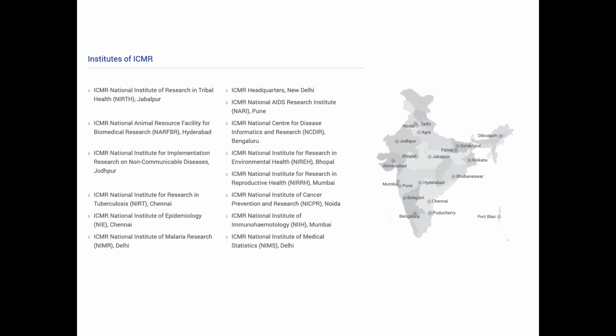For example, here is the list of different ICMR institutes, like National Institute of Research in Tribal Health, National Animal Resource Facility for Biomedical Research, National Institute for Implementation Research on Non-Communicable Diseases, National Institute for Research in Tuberculosis, Epidemiology Study, Malaria Research, and AIDS Research, and disease informatics and research.